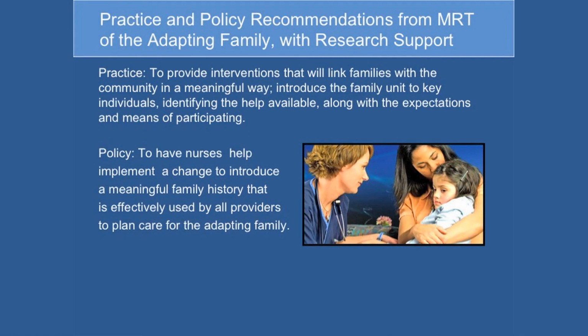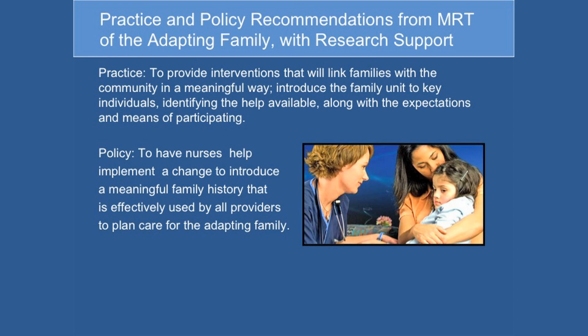In closing part 3, we look briefly at the recommendations from the middle range theory of the adapting family with the research support. In practice, we want to provide interventions that will link families with the community in a meaningful way, introduce the family unit to key individuals, identifying the help available along with the expectations and means of participating.